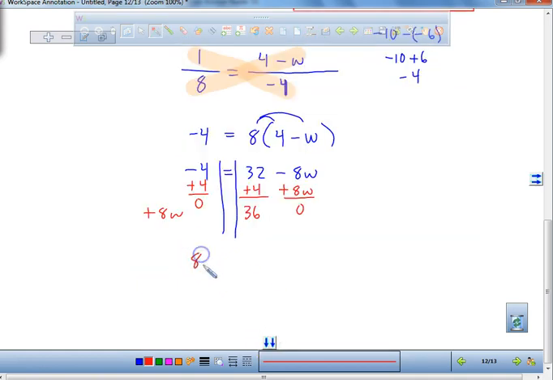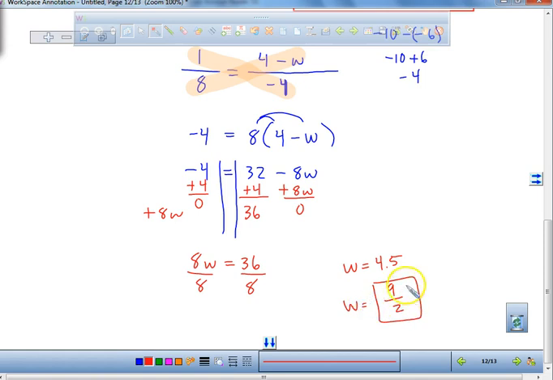So you get 8W equals 36, and now you have to divide both sides by 8. 36 divided by 8 becomes 4.5, which is 9 over 2. So what is 9 over 2 going to equal? That equals our value for W.